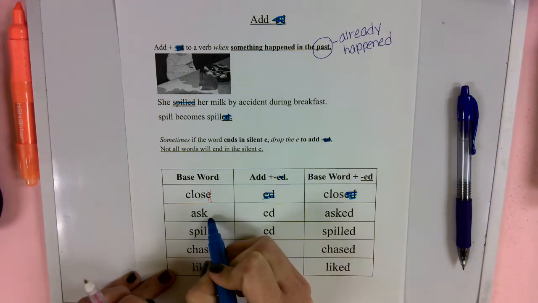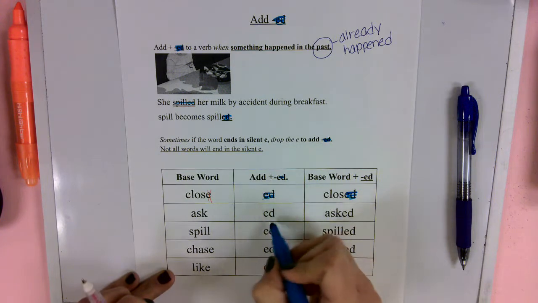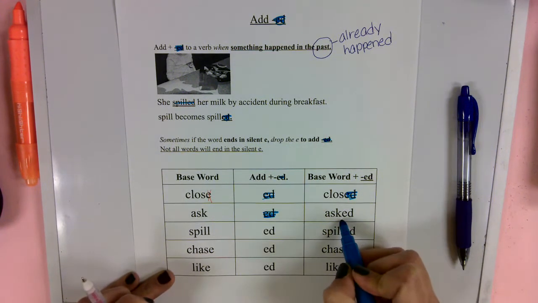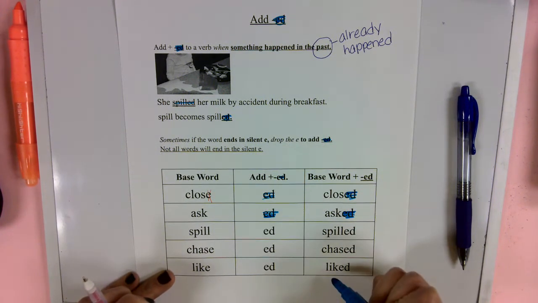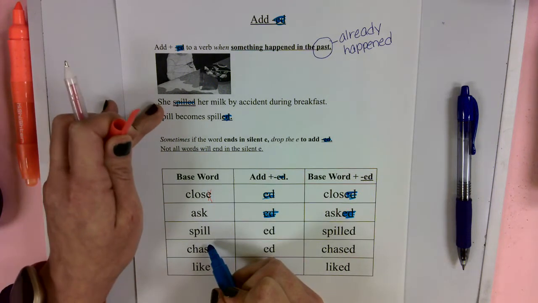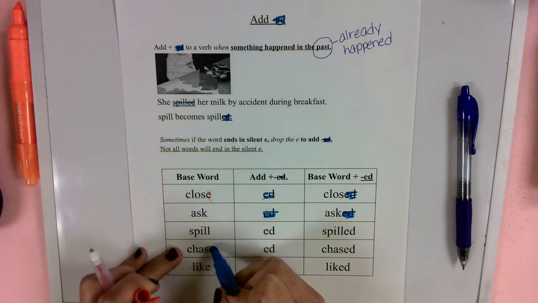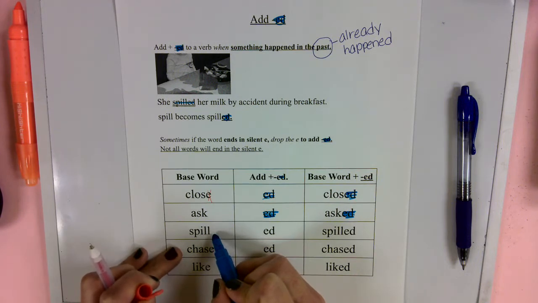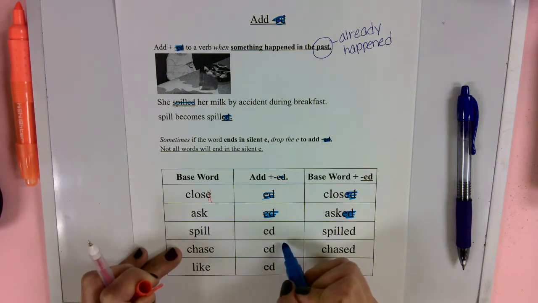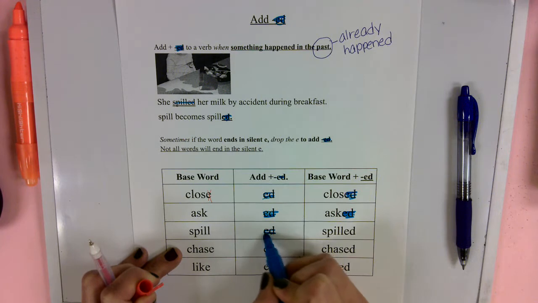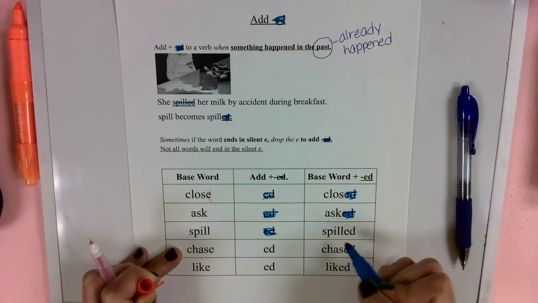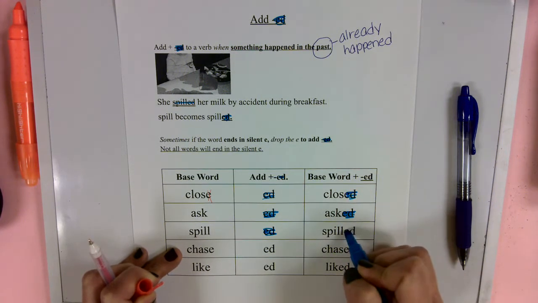Now, when you look at this word, does it have an e? No. So we have to add the ed ending to get asked. Then we have the word spill, just like up here in our sentence. Now, this did not have an e at the end, so what do we do? Add the ed. And then we get what word? Spilled.